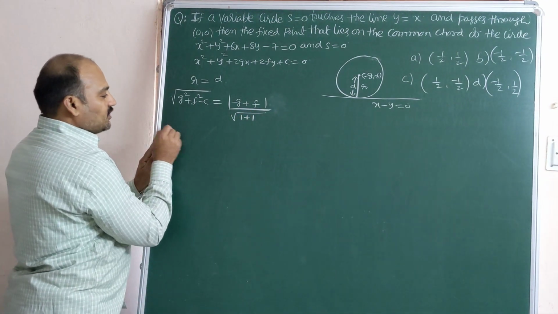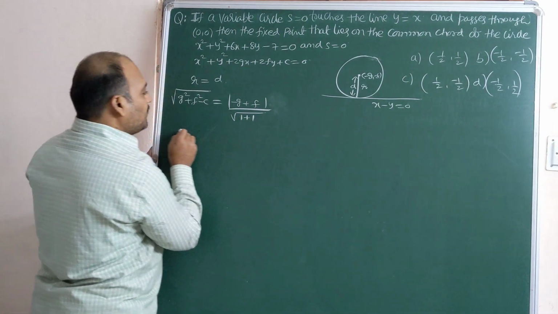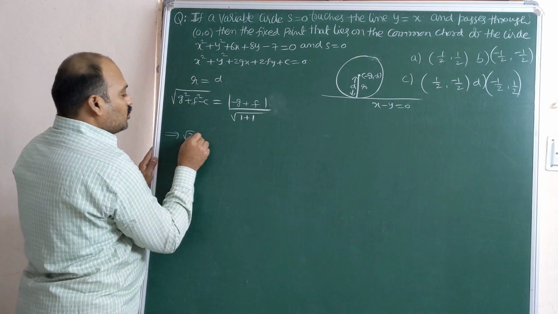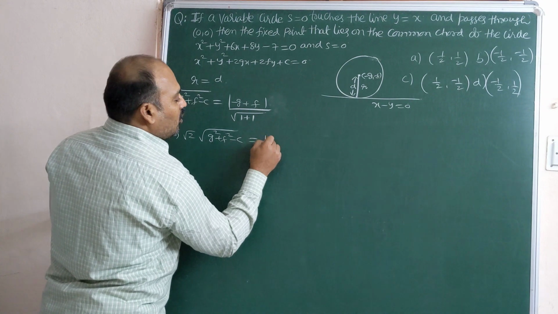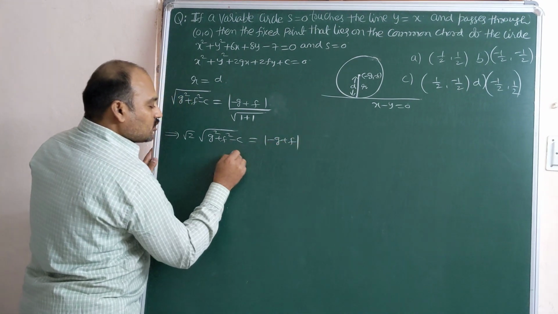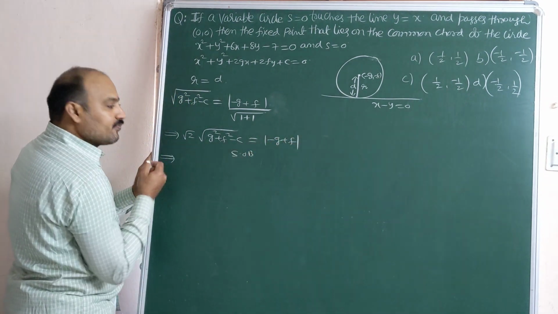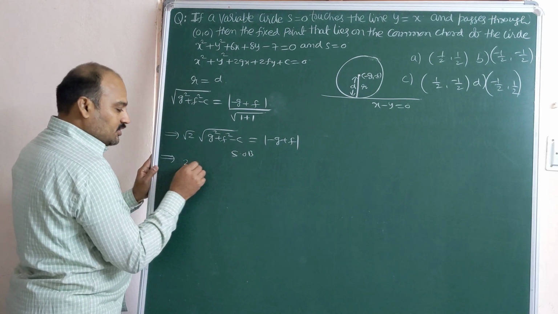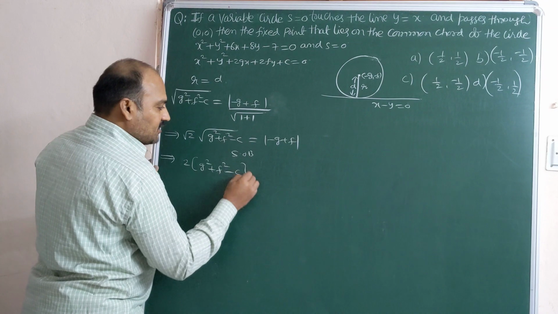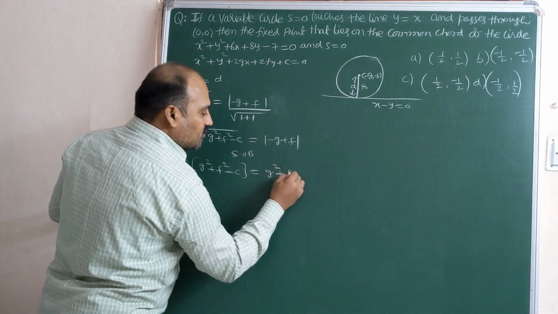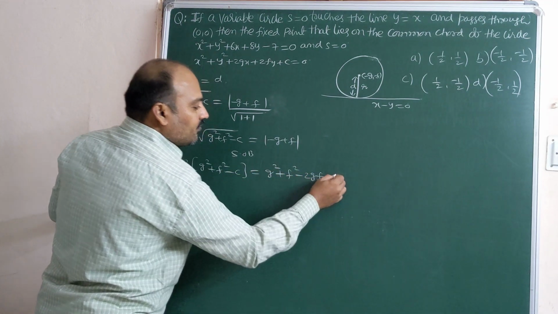So cross multiplication and squaring on both sides. Root 2 into root of g square plus f square minus c is equal to mod minus g plus f. Squaring on both sides, so here root 2 whole square is 2, g square plus f square minus c is equal to g square plus f square minus 2gf.